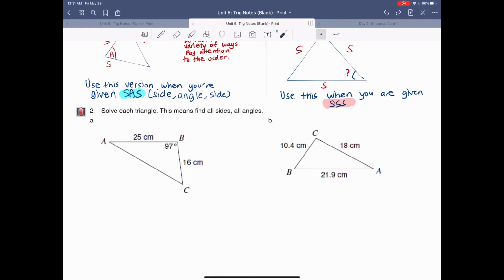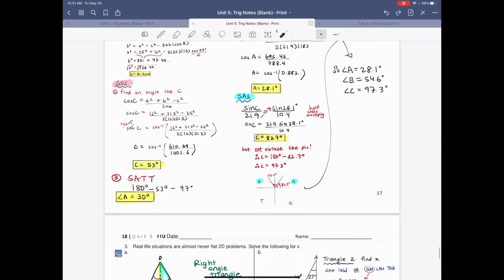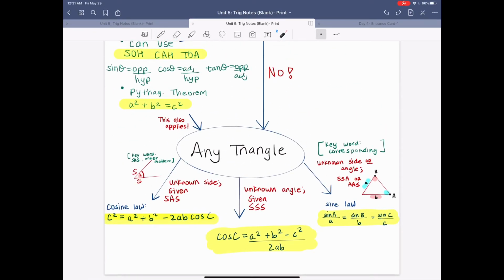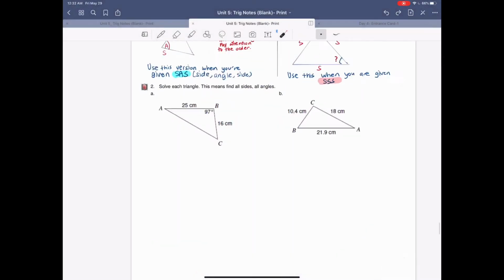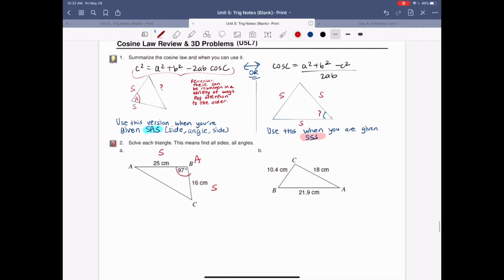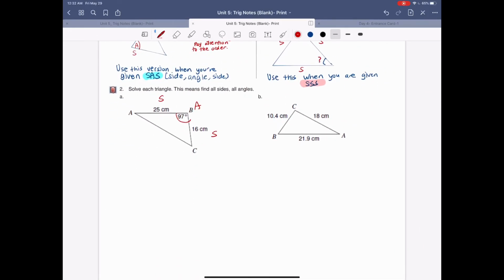Therefore, I'm going to have to rely on sine law or cosine law, and that's based on the pathway, which is over there. And so I am going to have to take a look at this triangle and identify that I have a side, angle, a side. So that means I do have to use this cosine law, and that's how you break down a problem, okay?